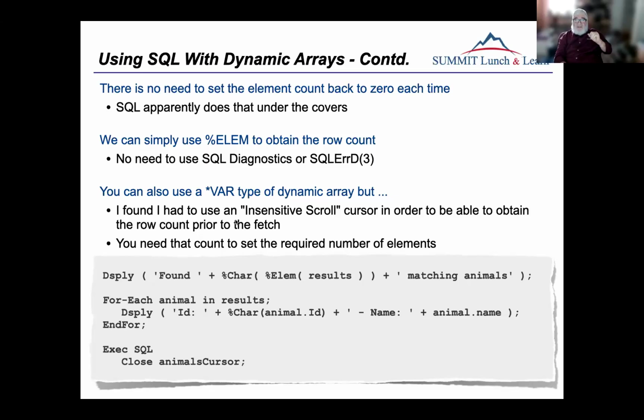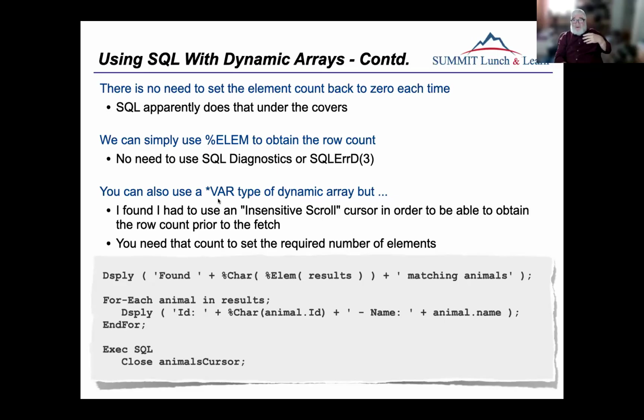Now, as I said, you can use the *var type if you wish, but I found that I had to mess around with the SQL. I had to specify insensitive scroll on the cursor, because if I didn't, then even using these, I couldn't get the row count prior to actually doing the fetch.